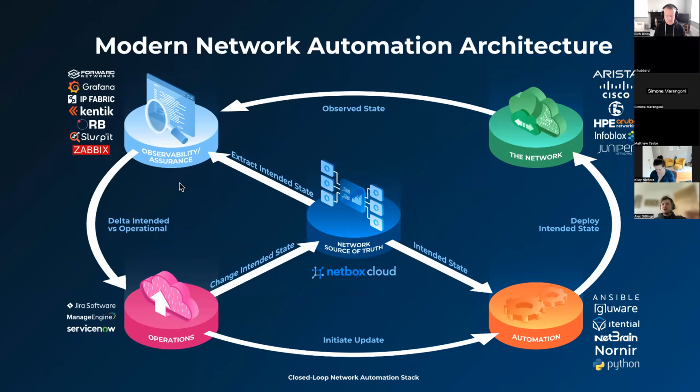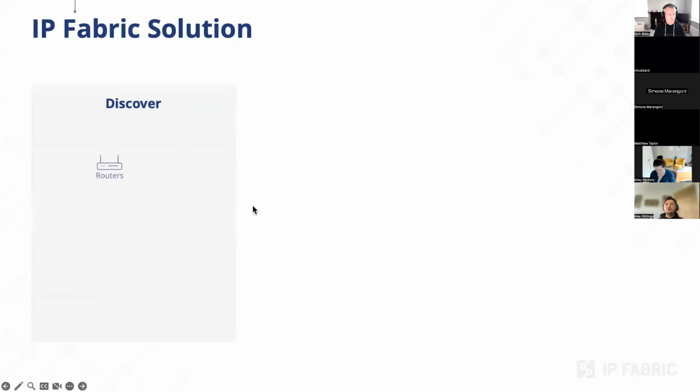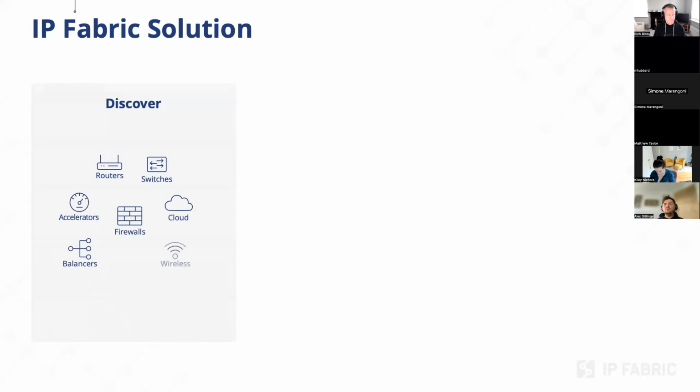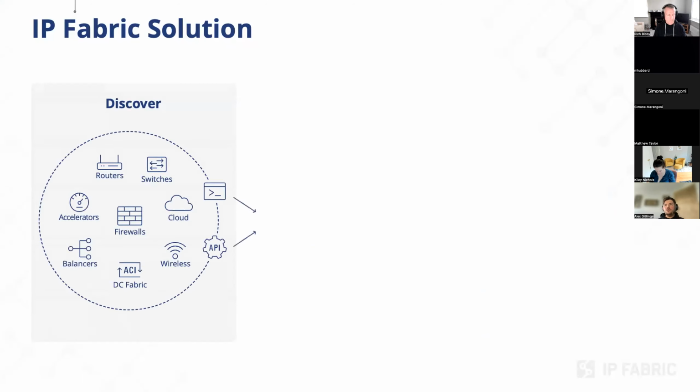So how can we help? IP Fabric is a platform that allows users to discover different parts of their environment, such as routers, switches, firewalls, and whatnot. We discover these devices via CLI and API, and the main solution is that we're a network assurance platform.